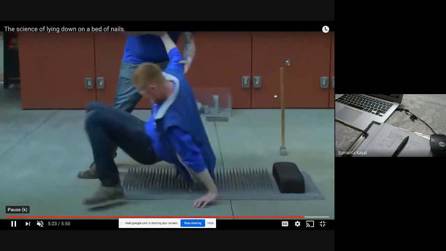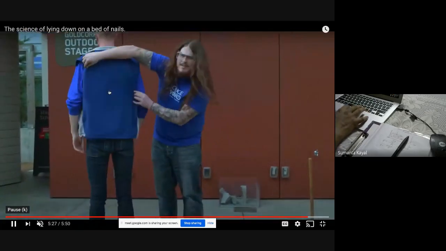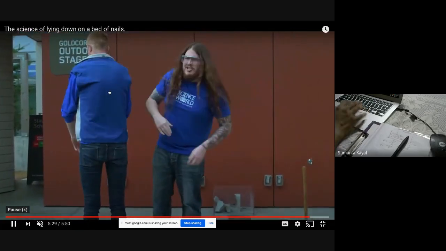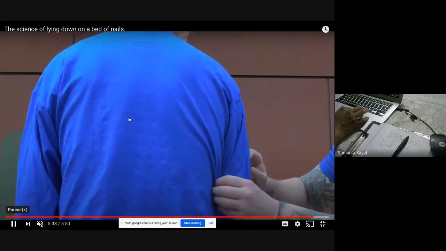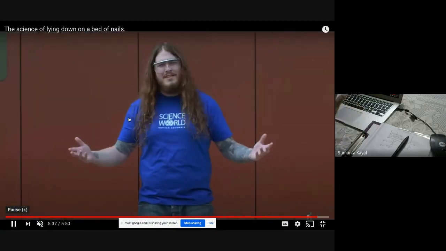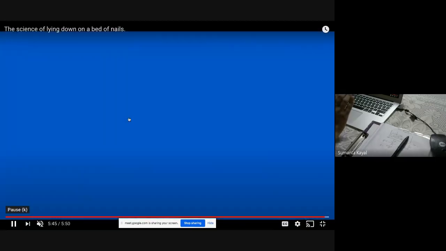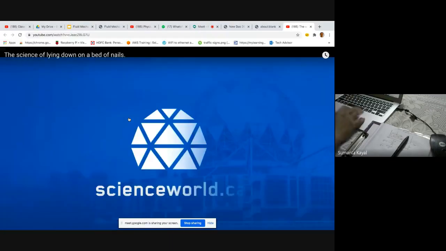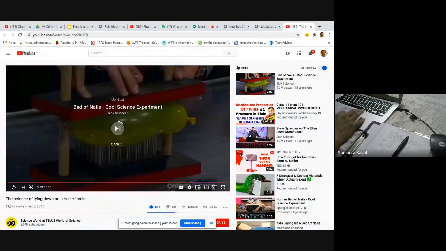If you see very carefully, when he opens the jacket, you'll see some dots, like dots on cheese, but nothing happens. So the main point here is P equal to F by A. Memorize this so that you don't have to read it. Just remember what you see in the demonstration.